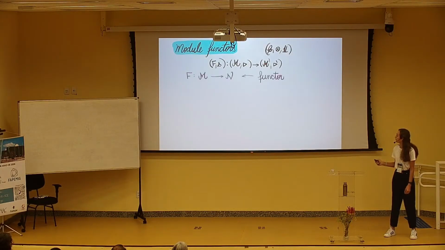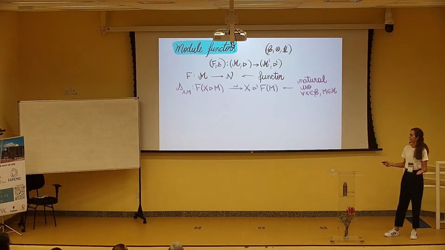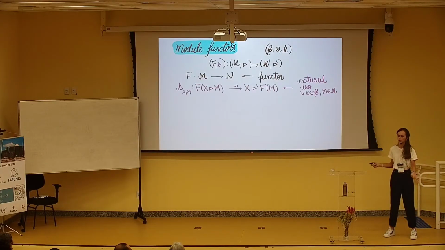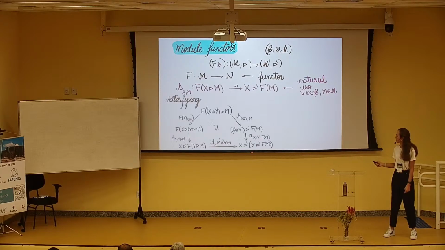A module functor is a functor between the underlying categories, and then you have to somehow preserve the structure between one side and the other. You have these natural isomorphisms that take off the action, right? Just like morphisms of modules should do. And of course, these natural isomorphisms should satisfy diagrams. Here I put the diagram.